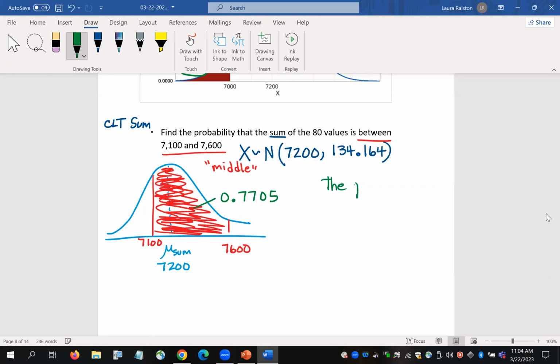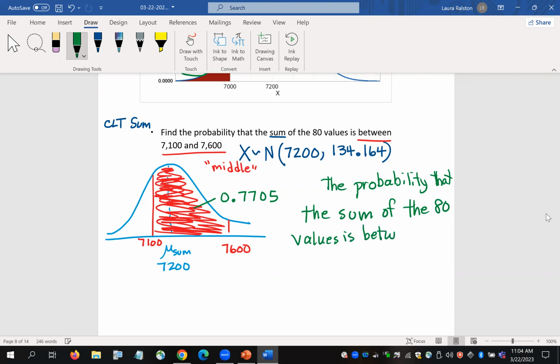So the probability that the sum of the 80 values is between 7,100 and 7,600 is 0.7705 or 77.05%.